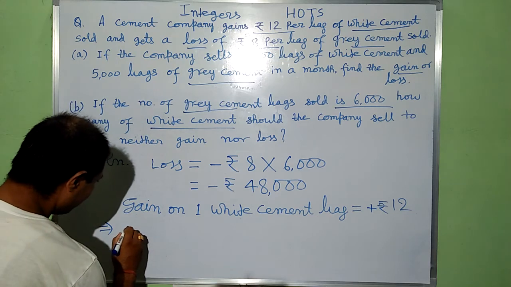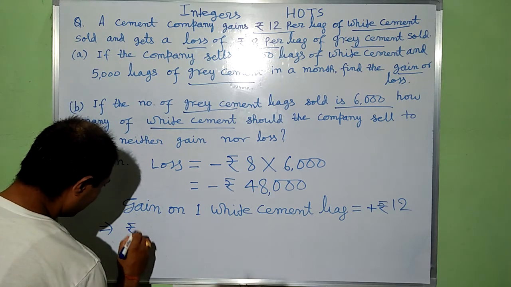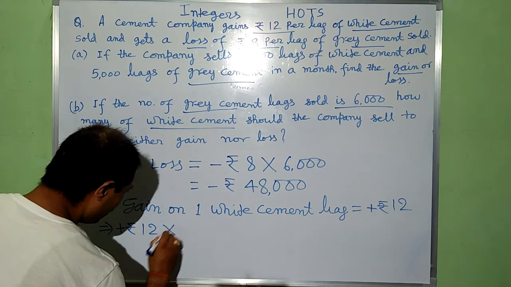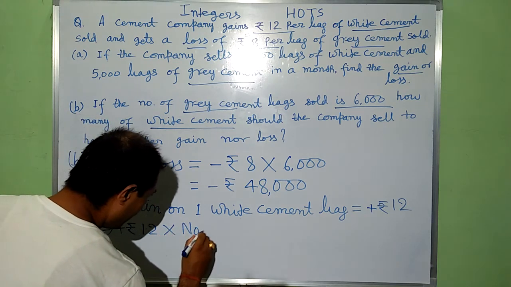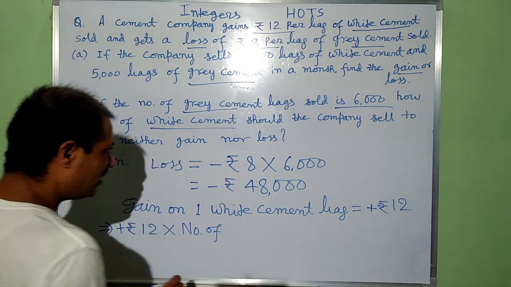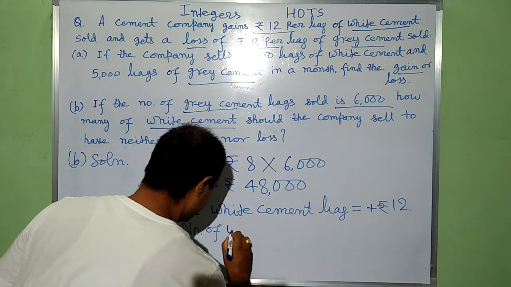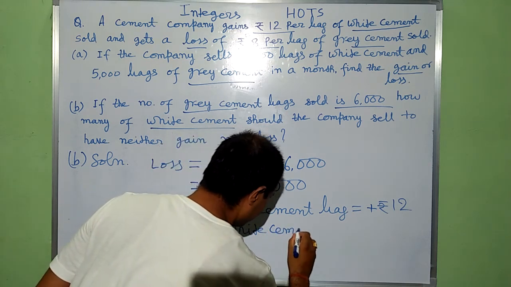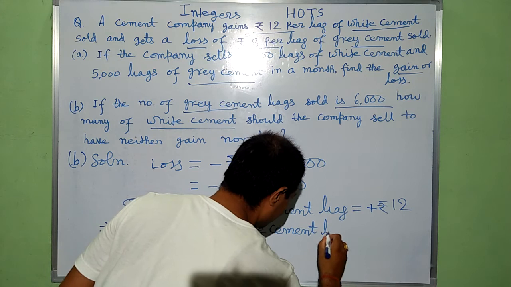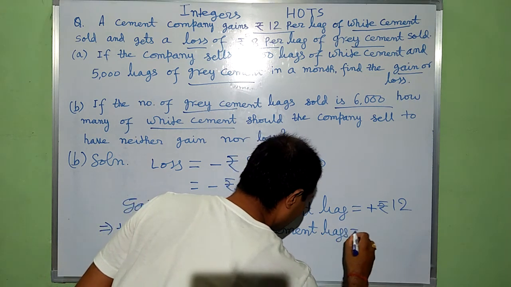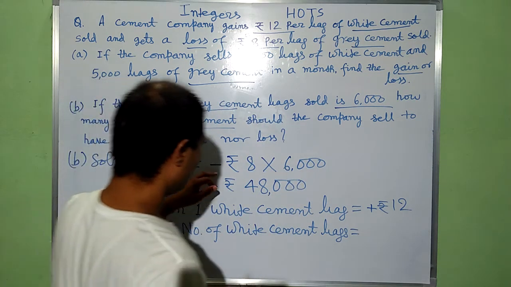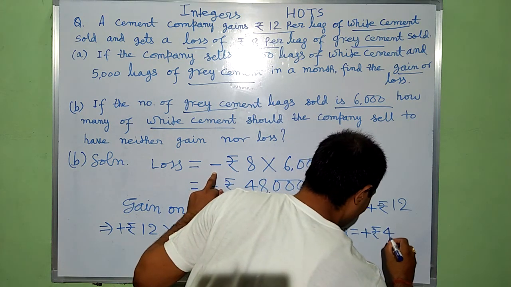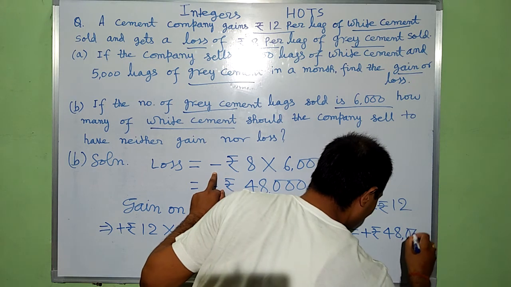Implies that plus rupees 12 into the number of white cement bags is equal to plus rupees 48,000.